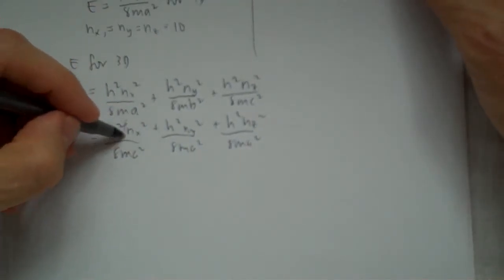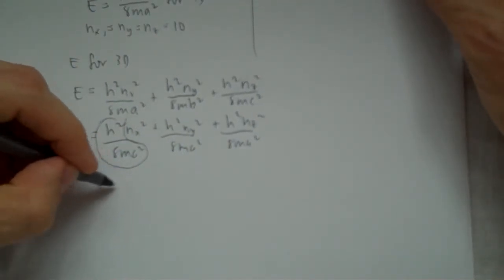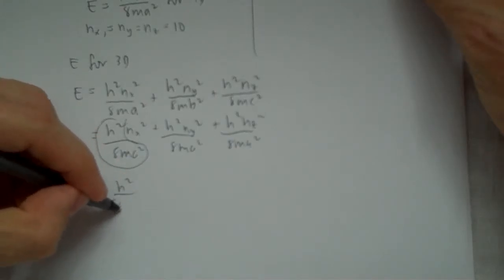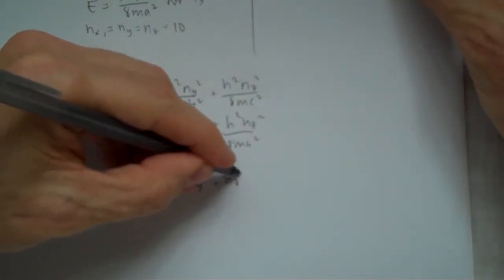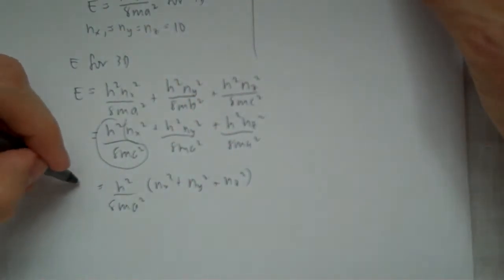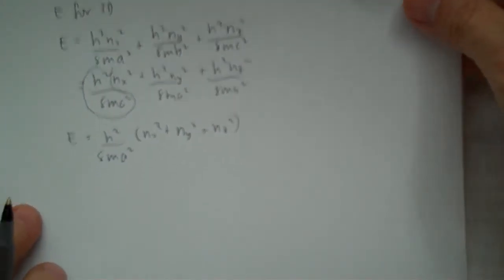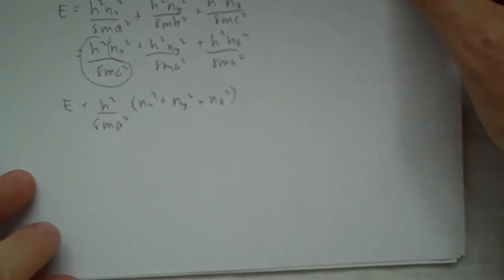Now I can factor all of this out and say this is h squared over 8 m a squared times n_x squared plus n_y squared plus n_z squared. This is the energy for a particle in a box in 3 dimensions. Boom. Wow, it's so much easier than the first time I worked on this.